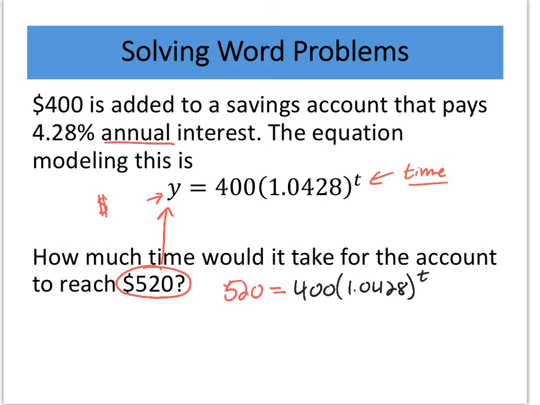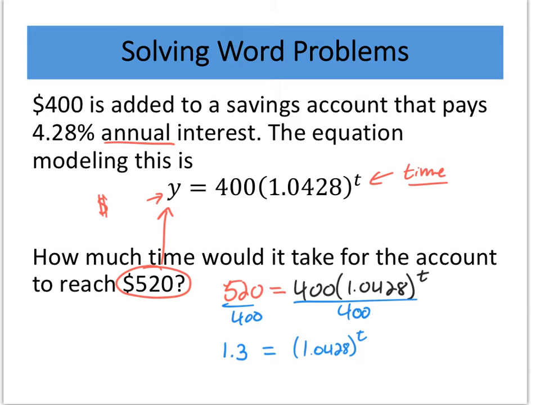And now this is an exponential function that is very easily solvable. We'll want to divide by 400 on both sides. So 520 divided by 400 is 1.3 equals 1.0428 to the power of t.